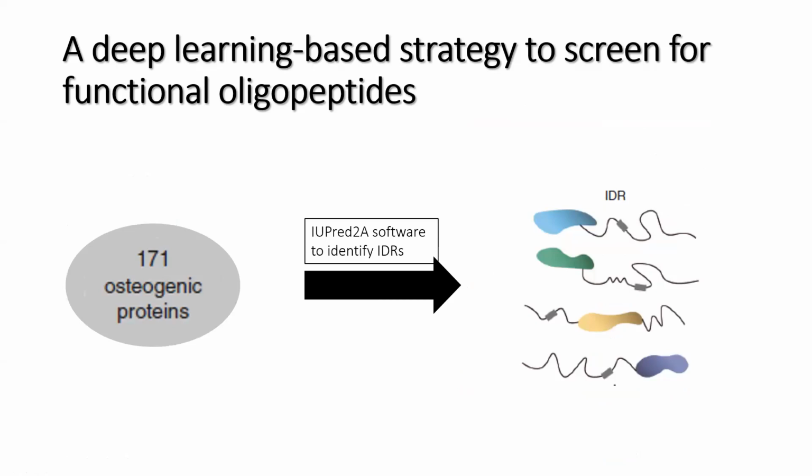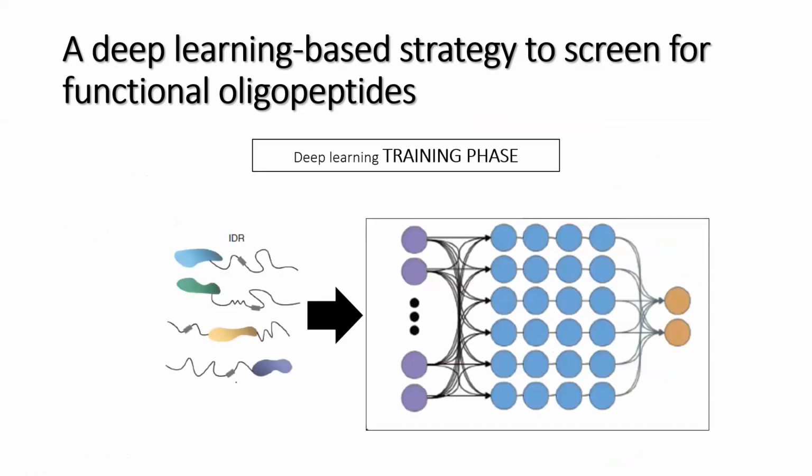They used the software IUPred2A to identify the IDRs of these osteogenic proteins, so the amino acid sequences of these IDRs. And this was what was used as the deep learning training phase. So they used the amino acid sequences of the IDRs of the osteogenic proteins to train the machine to say, this is the kind of thing that we want.